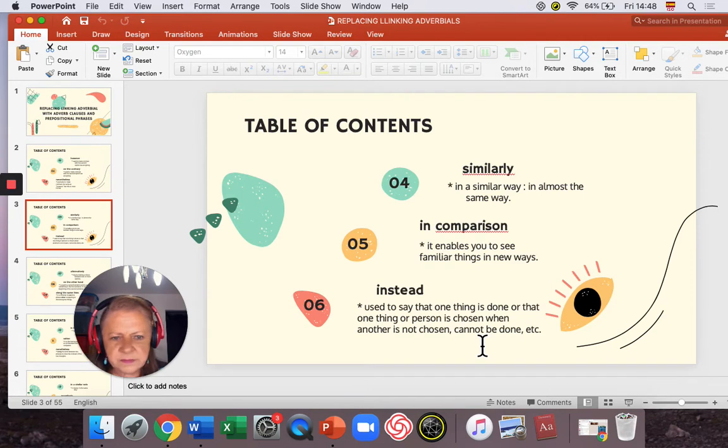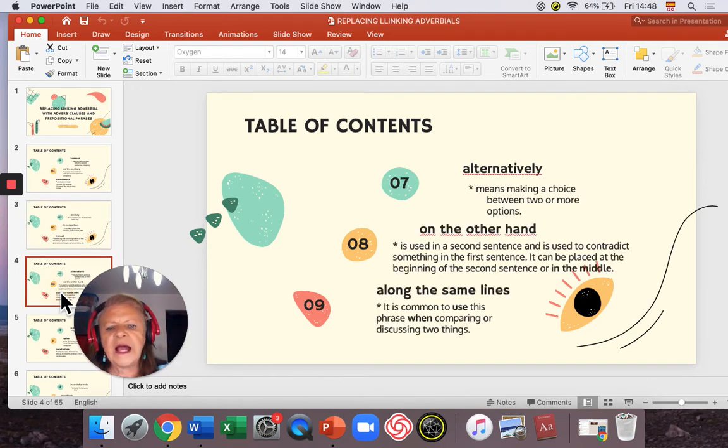So, one thing instead of the other thing, in the place of the other thing. Okay? Next one, we have alternatively. Alternatively is when we use this thing and this thing at the same time. It's a choice between two things.